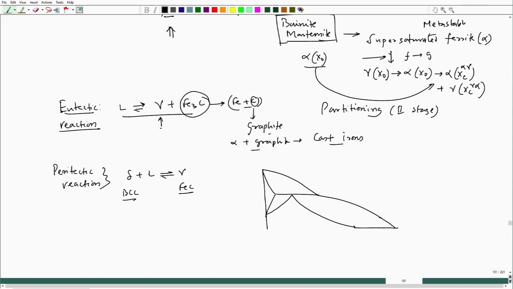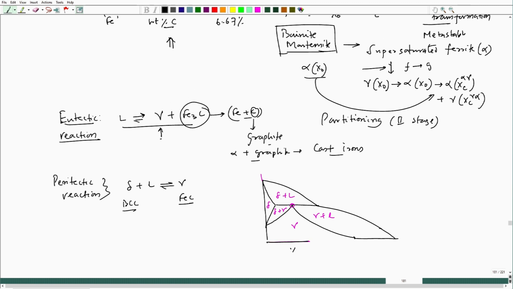So, this is the peritectic point, and this is delta plus liquid, this is gamma, this is delta plus gamma, this is gamma plus liquid. So, now around this, let us say this is composition, the weight percent of carbon, and this is temperature. Okay.